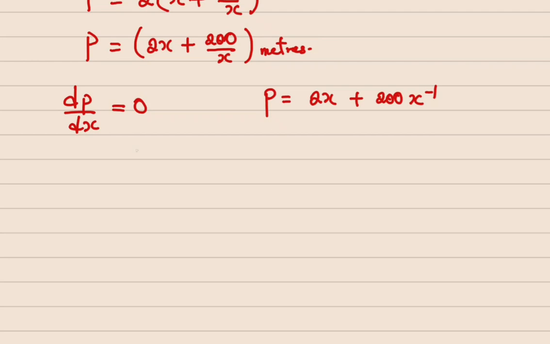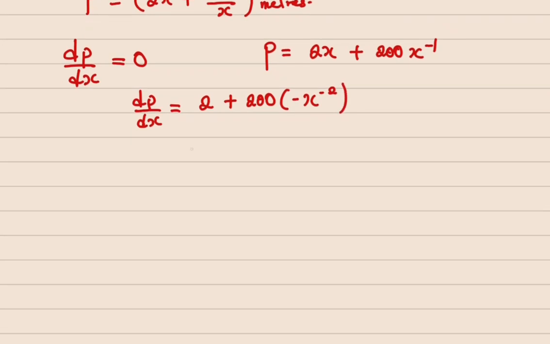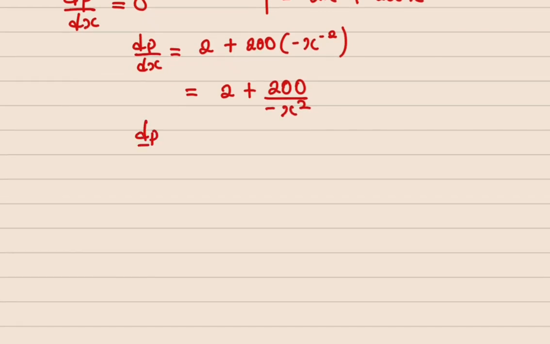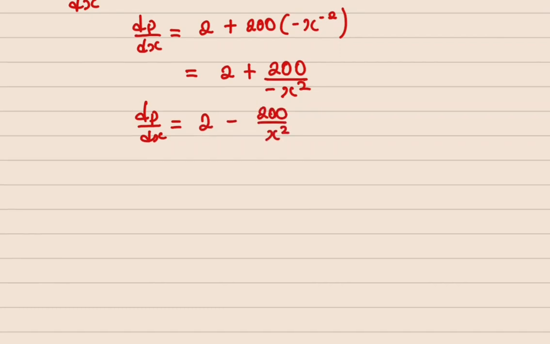Therefore, dP by dx will be equal to 2 plus 200 times minus x raised to the power minus 2, which is 2 minus 200 all over x squared.